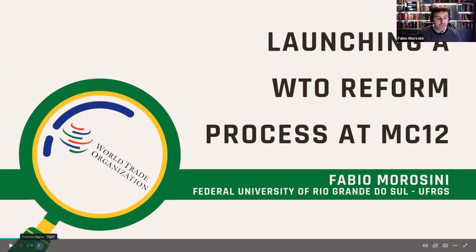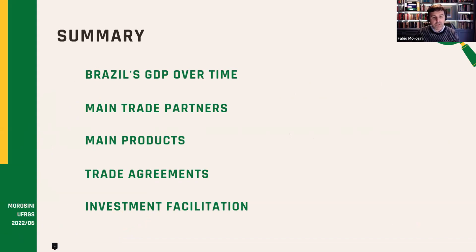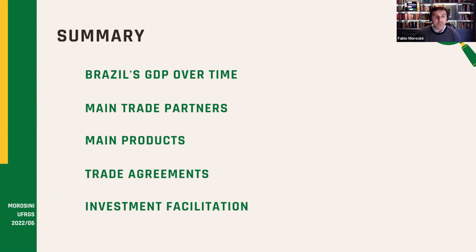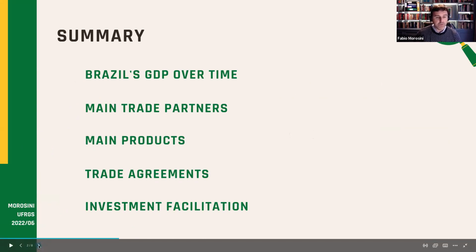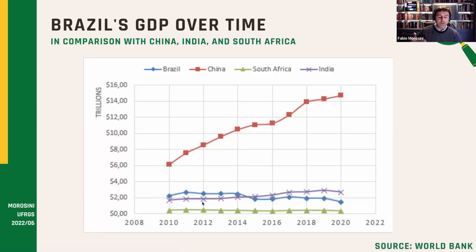I would like to briefly go over some of the general characteristics of how Brazilian trade governance has changed over time, and what might be the drivers of such changes that will certainly impact how the country positions itself at the WTO, but also in trade governance more broadly. I was mentioning the issue of emerging economies, and that's an interesting graph, because maybe 10 years ago we were all speaking about these emerging economies.